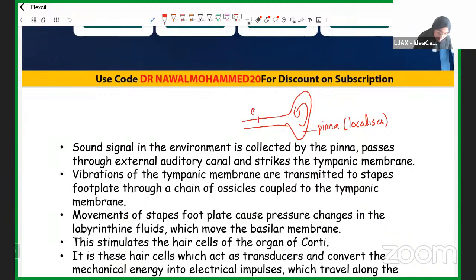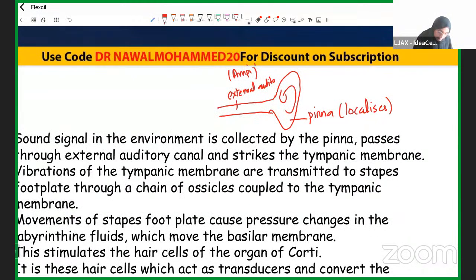This is your external auditory meatus. The external auditory meatus amplifies your sound. Amplification of the sound.